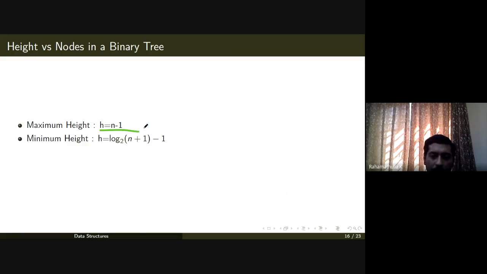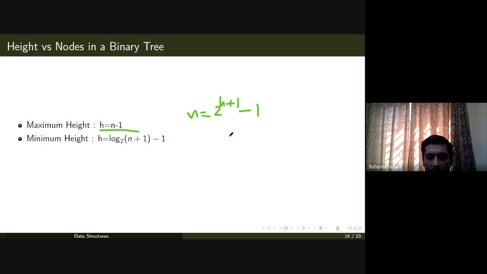So you have seen from the previous example that maximum nodes with a particular height is 2 raised to h plus 1 minus 1, isn't it? So n is equal to 2 raised to h plus 1 minus 1.